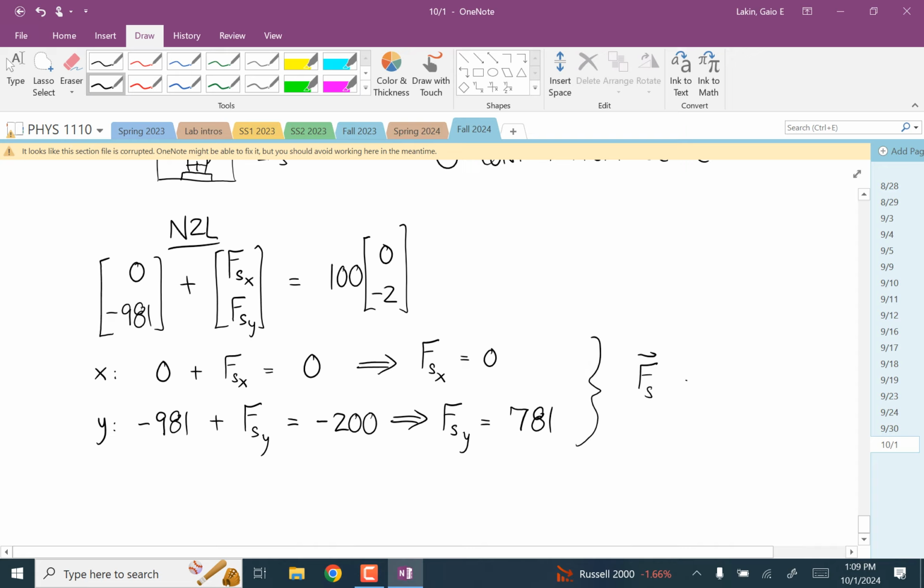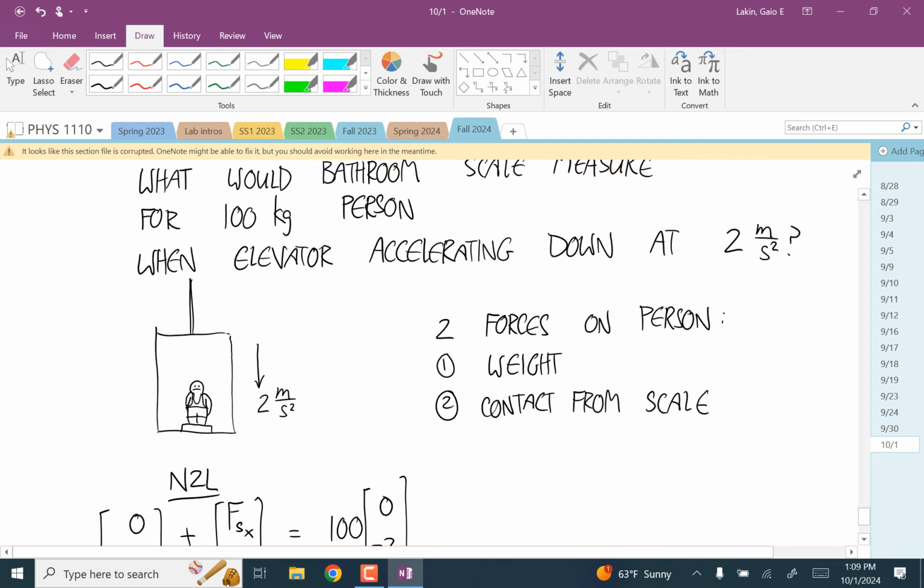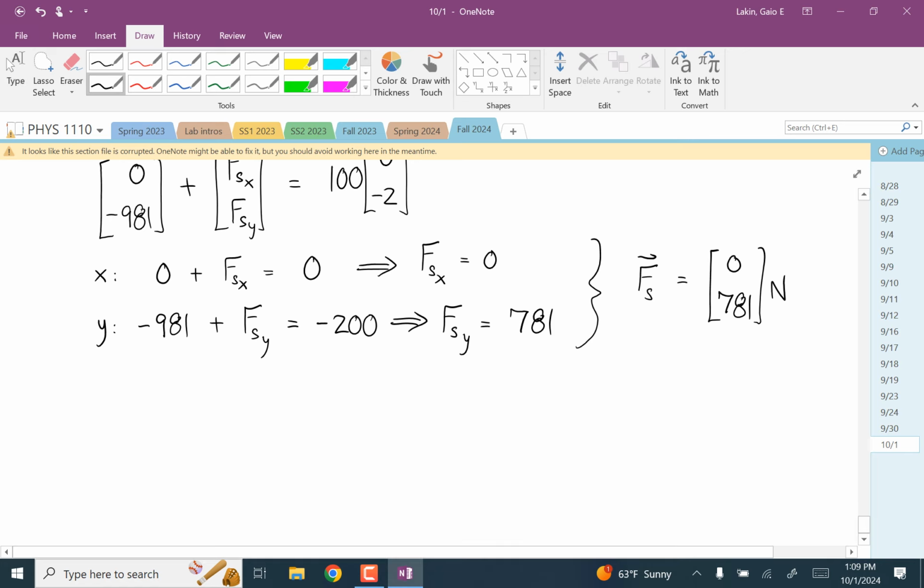And so the force applied to the person by the scale is 0, 781 newtons. So the scale applies a smaller force.